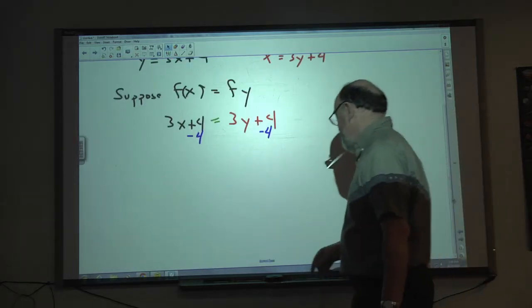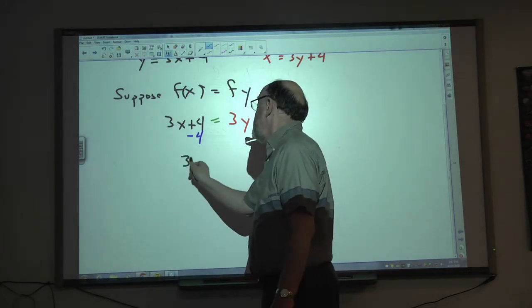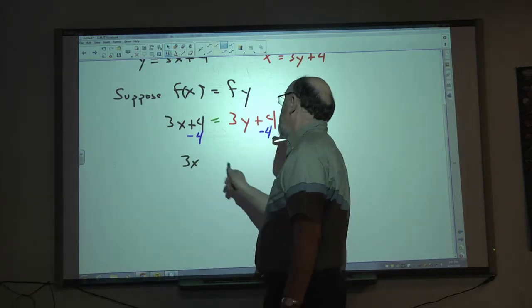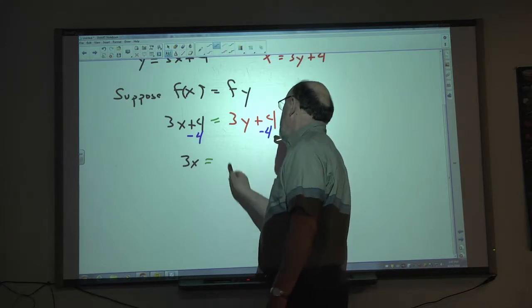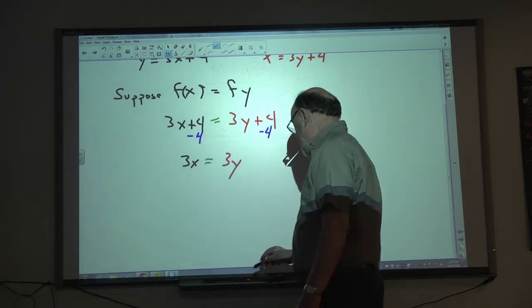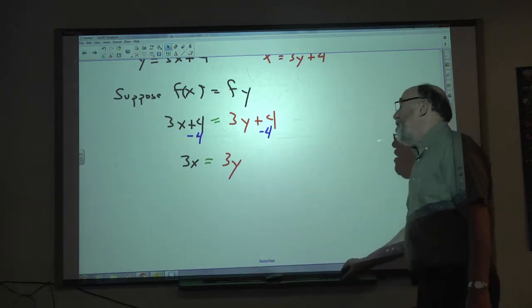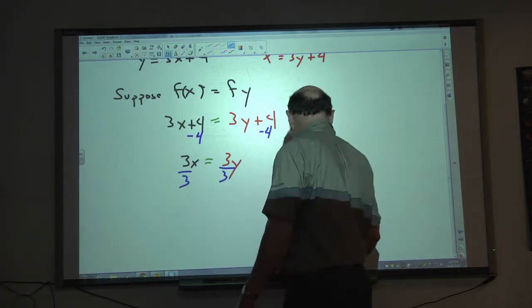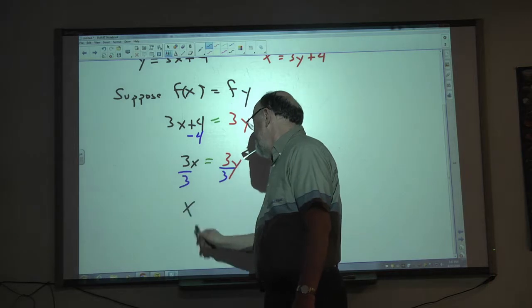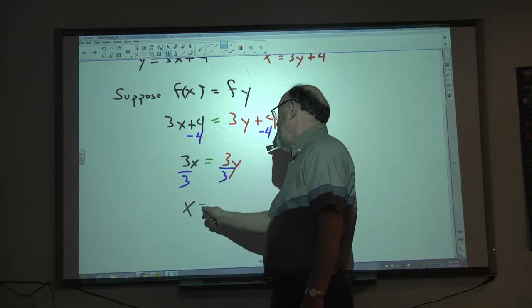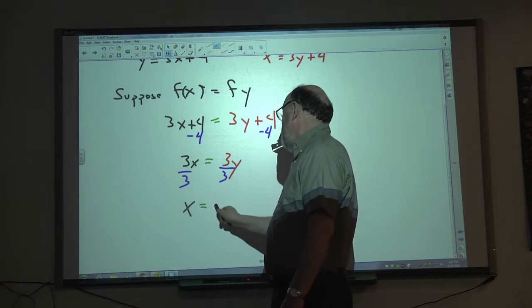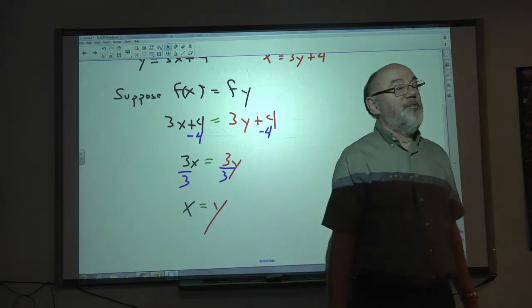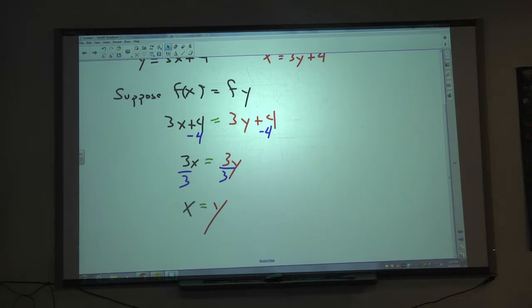And so we'll have 3x is going to equal 3y. Okay. And then, of course, I can now divide by 3. And we end up that x is going to equal y. And so we did write the inverse correctly, because when we do this, we come down to that statement, that x is equal to y, right? And so we did it right in our inverse, right?